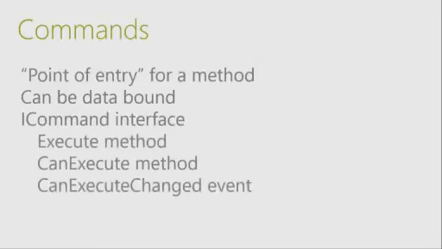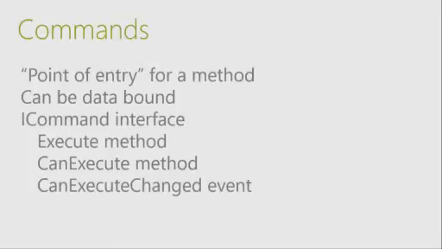It has 3 members. Execute, which is going to be called when the command is actuated. Whatever that means, it could be a click. If you have a button and then Command equals, that's going to be on the click. Or you have some more advanced scenarios with the InvokeCommandAction behavior or the EventToCommand behavior, where you can really handle any event of any object.